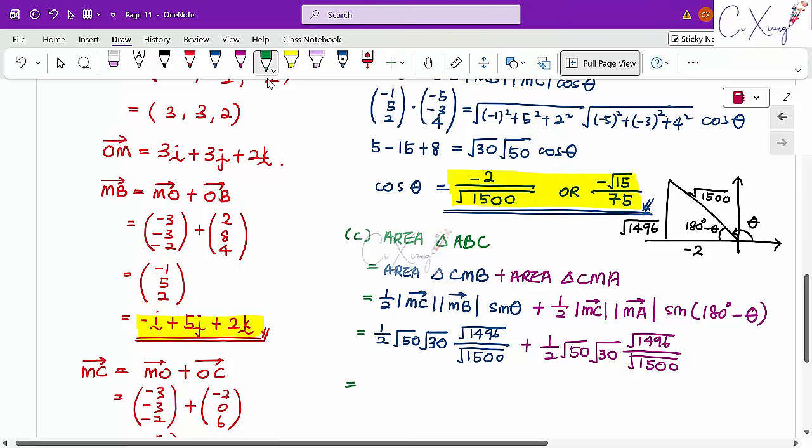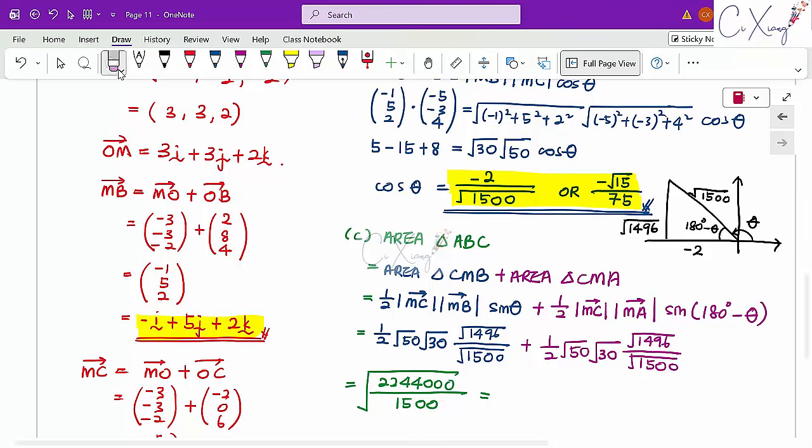Then we try to simplify the term here. Let us make everything into a square root. So I'm having 50 multiplied by 30 multiplied by 1496, a super large value, 2244000, then divided by 1500. Actually, I don't need to do it, I'm sorry.